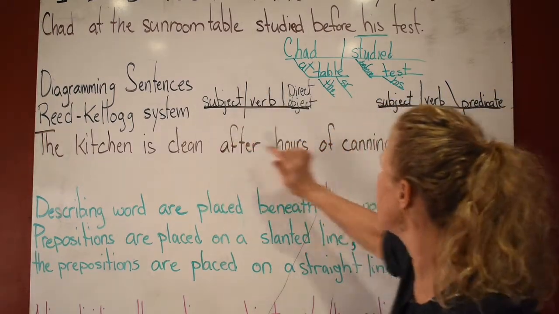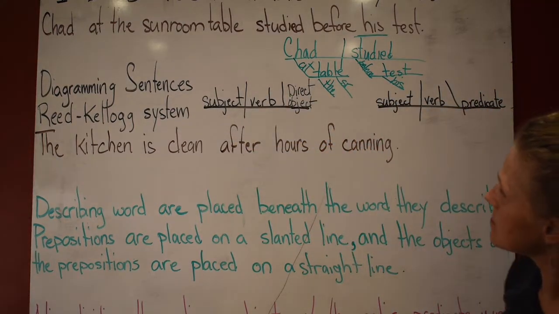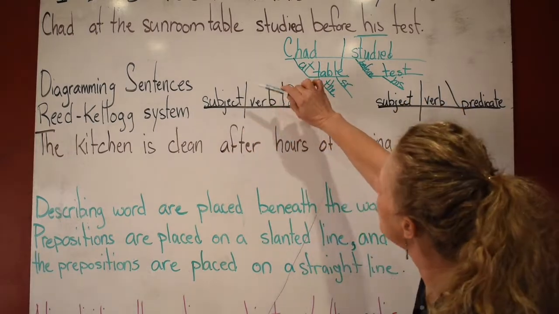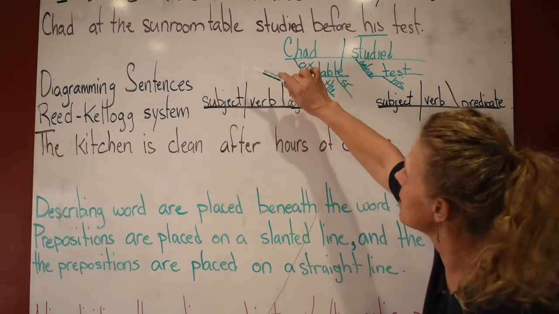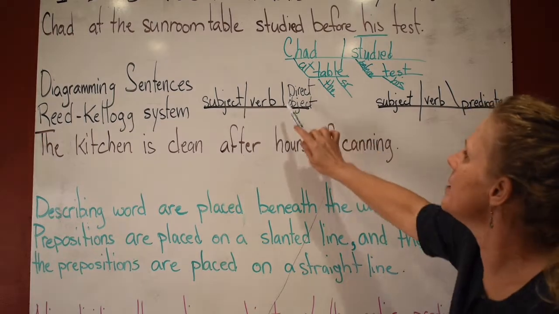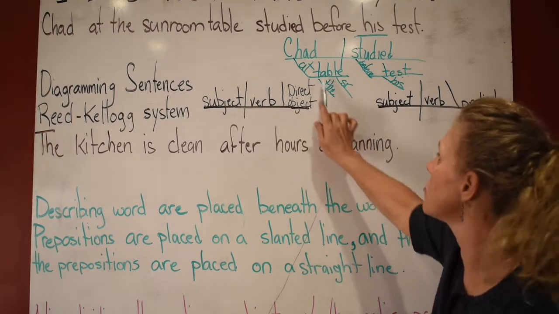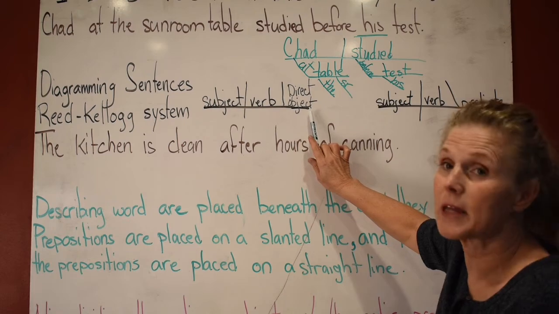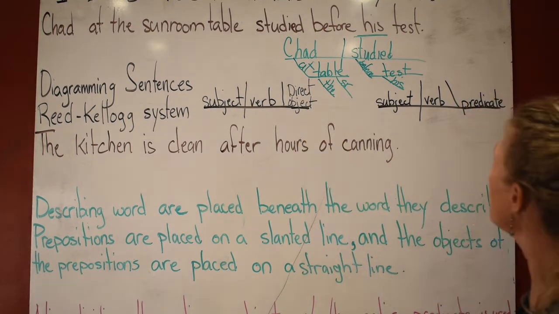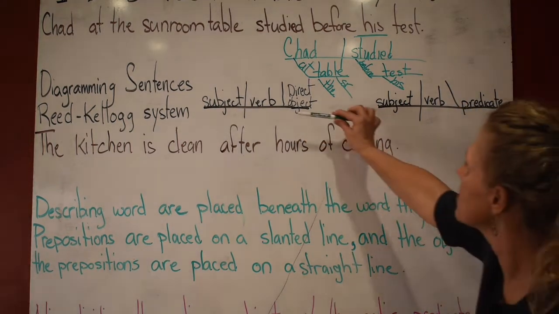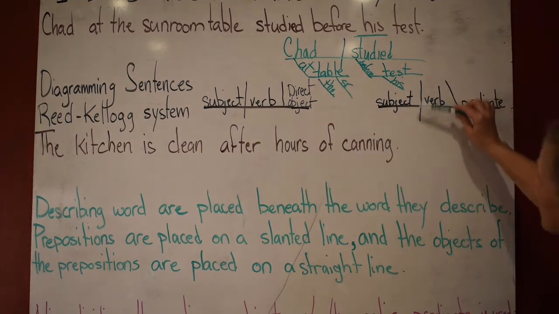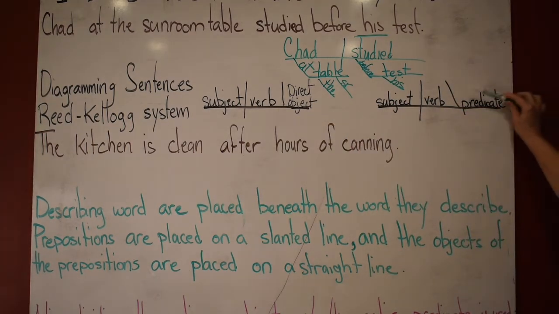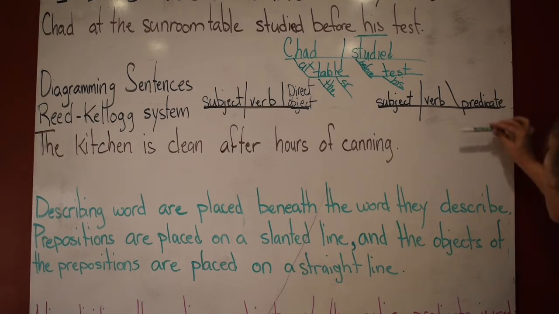You have your subject and your verb with the full line all the way through, and then your direct object sitting over here on the end. Here we have our subject and a verb with the straight line with our predicate. When I say predicate, what do you think that means? Predicate nominative, and predicate adjective. That's what sits right here.